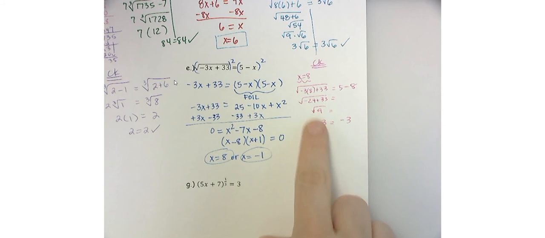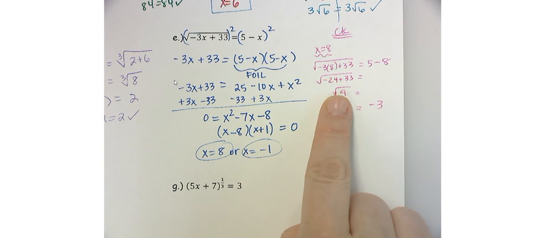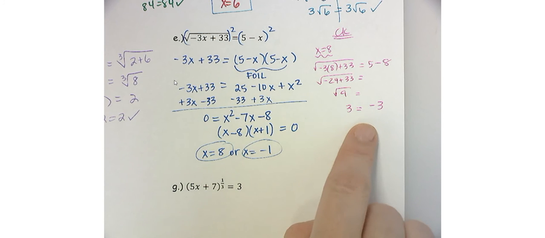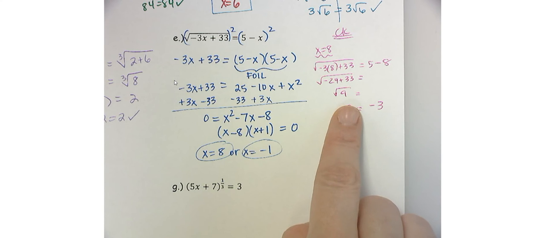Okay, so again, when you have the radical, if it's just the square root of 9, it would be 3. If there was a negative in front of the radical, it would be negative 3. Okay, so when you just have the square root there, it is going to be 3, and that's why it won't work. Now we're going to try negative 1.